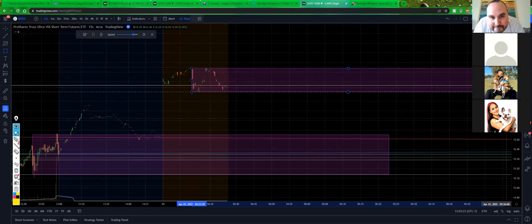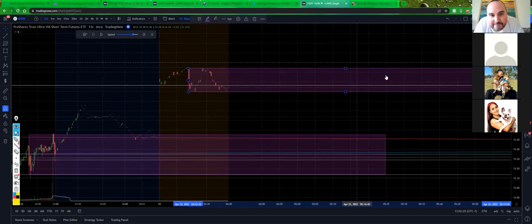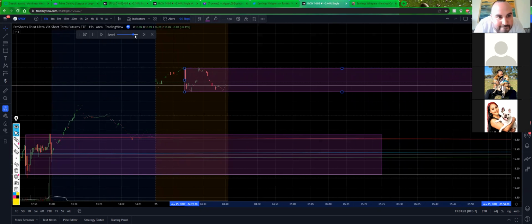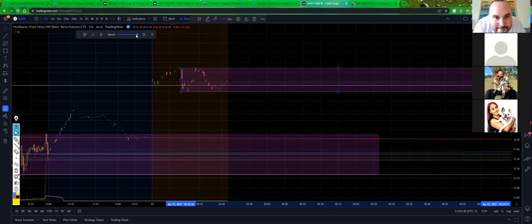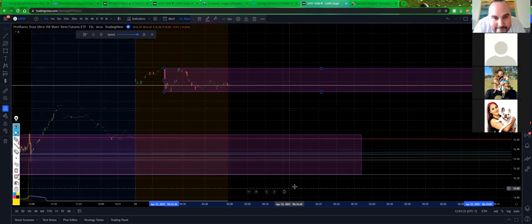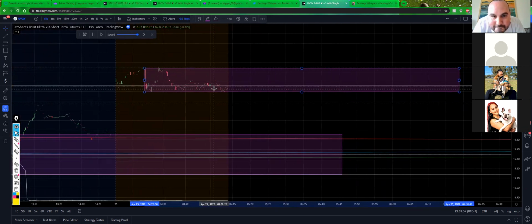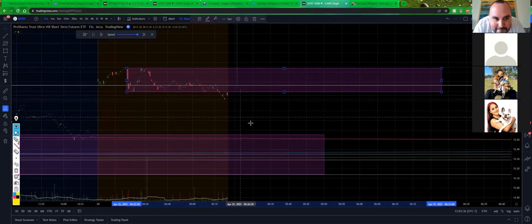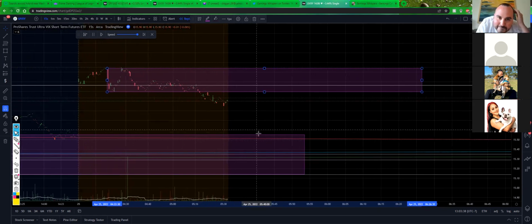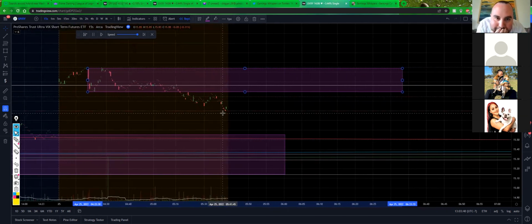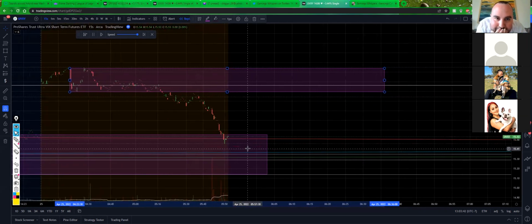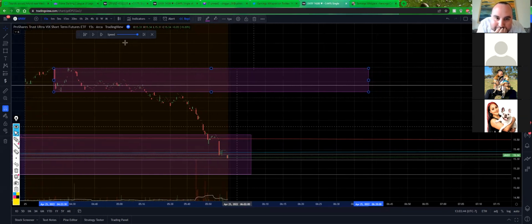Supply zone, sorry. This is demand, this is the supply right here. So we keep on playing it out. Boom, it drops back down to the supply zone.